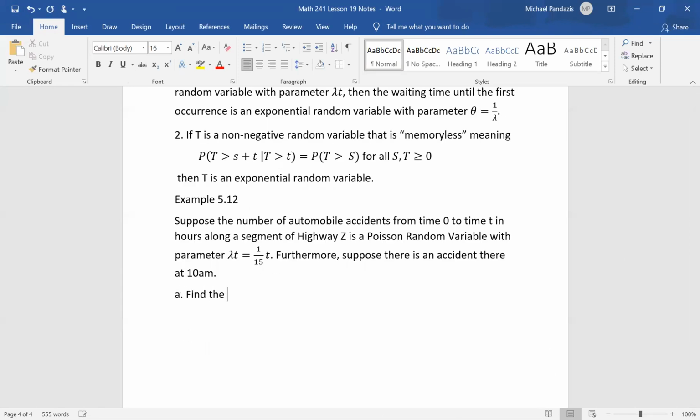Part A, find the probability that there will not be another accident along this segment of the highway for at least 24 hours.